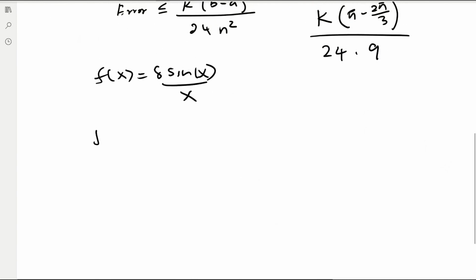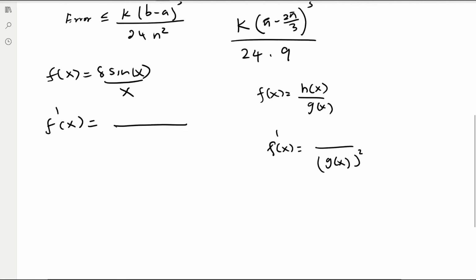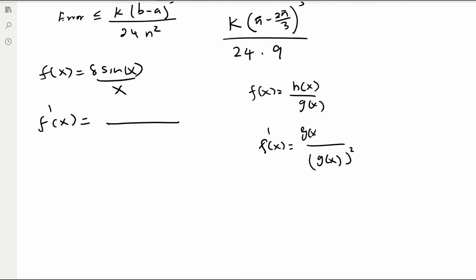You need to find the second derivative. The first derivative we get by applying the quotient rule. Remember, if you have a function h over g and you differentiate it, you get the denominator squared, g squared, and in the numerator g times the derivative of h minus h times the derivative of g.